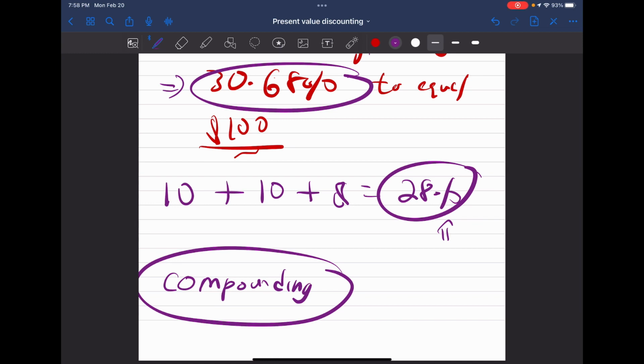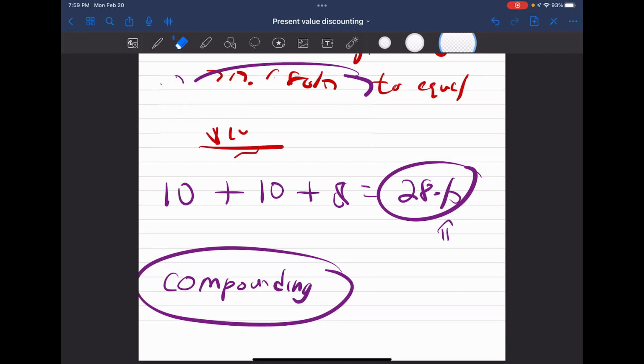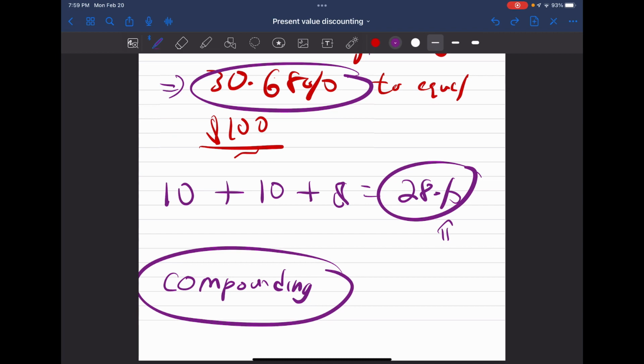The interest is not paid out yearly. You reinvest it there, you don't take it out. So you are essentially earning interest on interest, and that is compounding. The power of compound interest. That's why you have more here, right? 30.68% rather than only 28% growth of the investment.